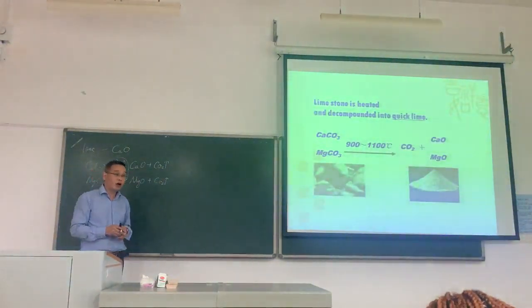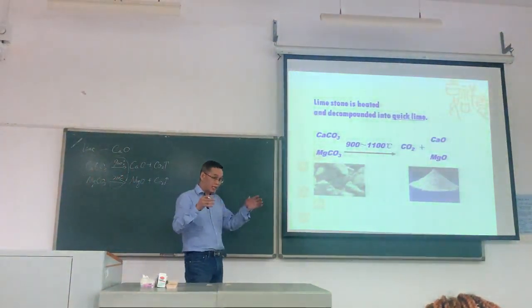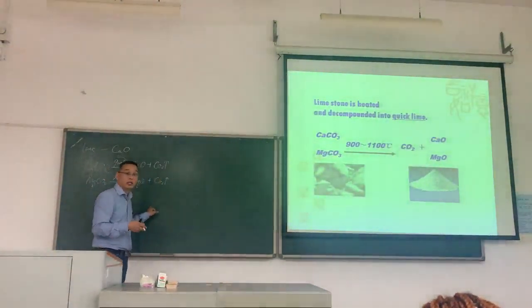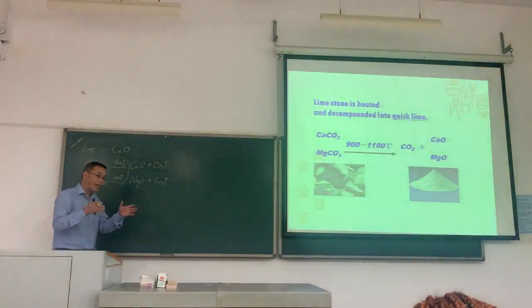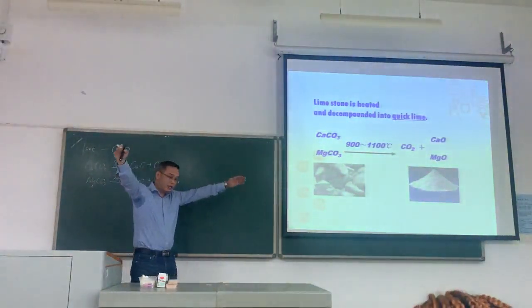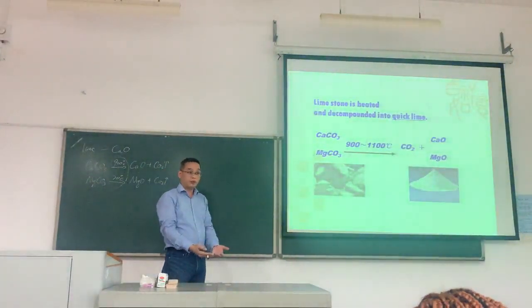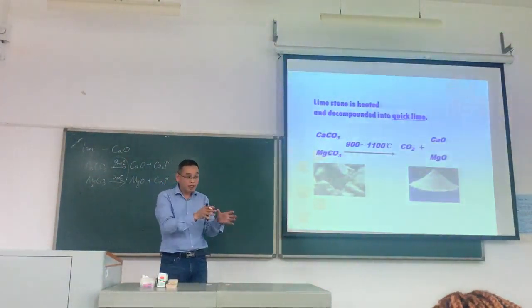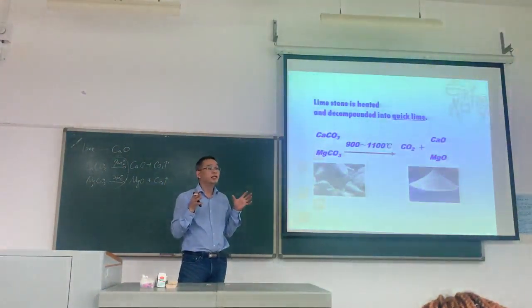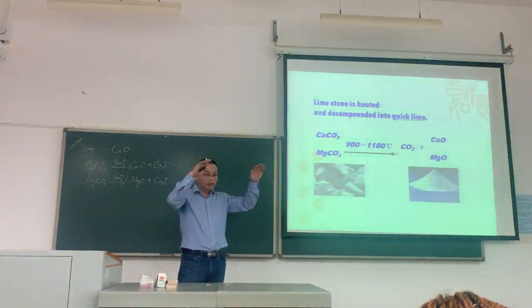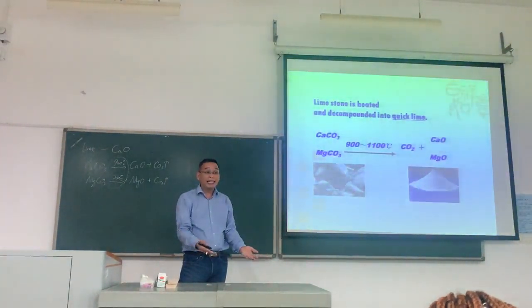How can we get this reaction? First we need to get the big size limestone, and then put them into the kiln and heat them. But the size of the limestone is big.